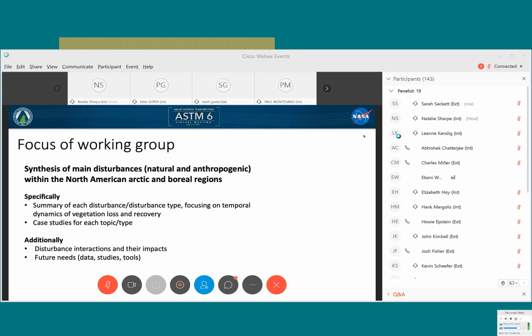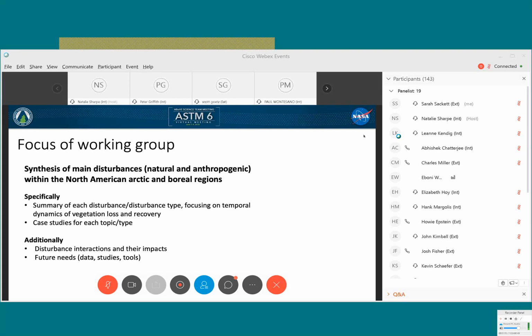Specifically, we're planning to summarize each disturbance or disturbance type, including the causes, precursors, and vulnerabilities, as well as the impacts on vegetation structure, composition, productivity, and dynamics. We want to look at case studies for each disturbance and remote sensing derived indicators of pre-disturbance vulnerability and post-disturbance recovery. We additionally want to focus on disturbance interactions and their impacts, as well as future needs for further study of each disturbance in terms of data or tools.